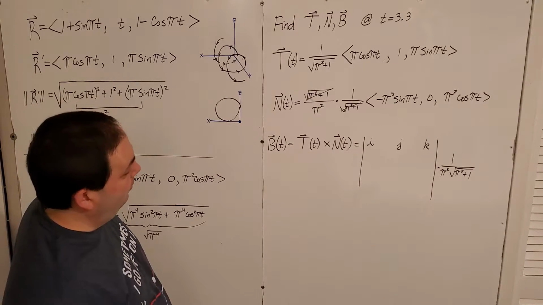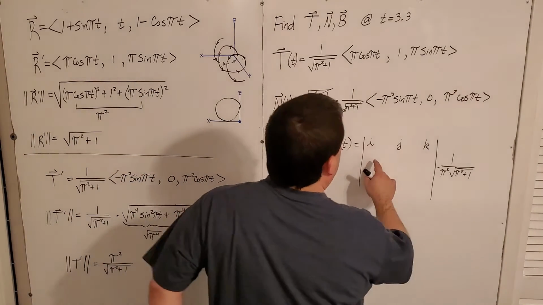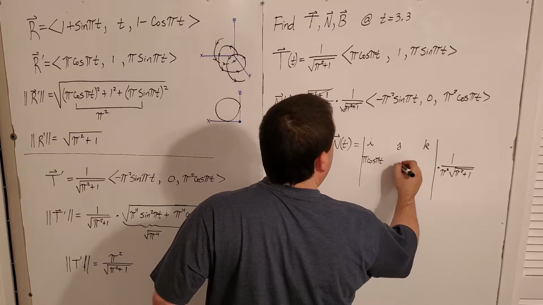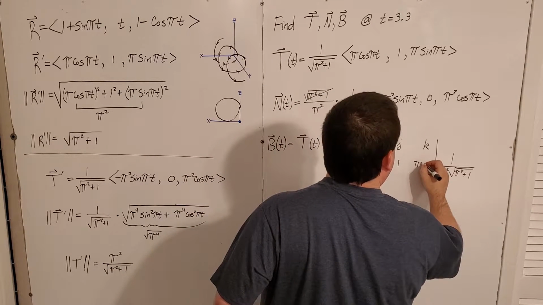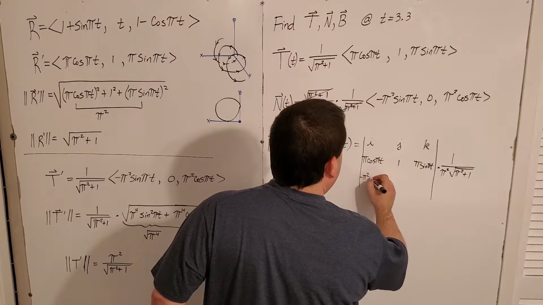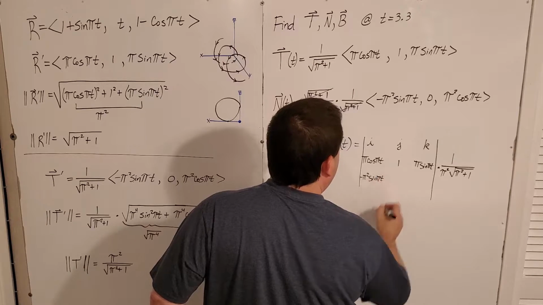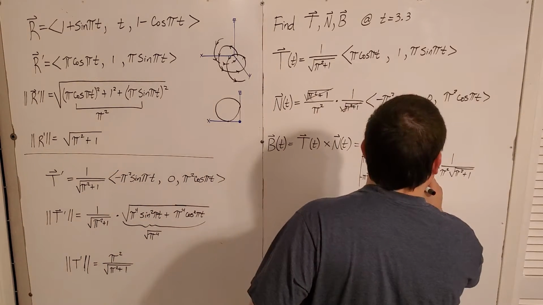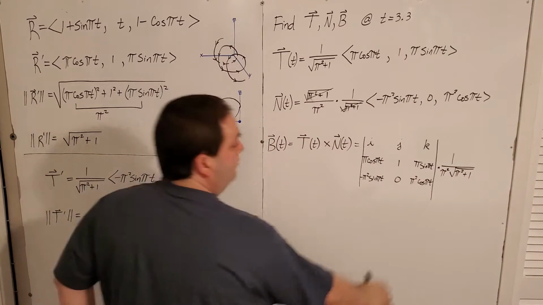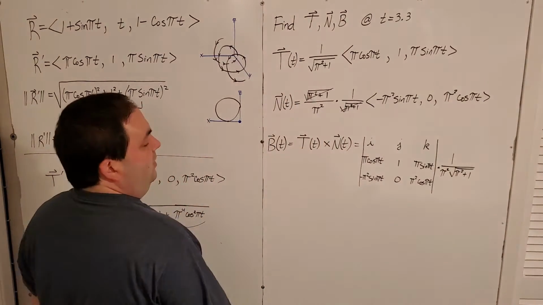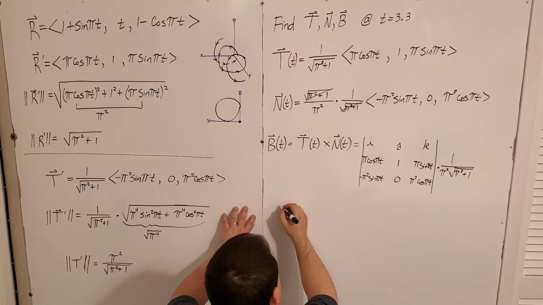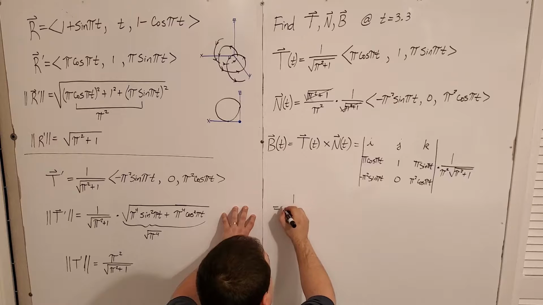Okay? All right. Now the dotting process, right? This is going to be pi cosine pi t, 1, pi sine pi t, negative pi squared sine pi t, 0, and pi squared cosine pi t. Okay. So I'm doing the cross product there now. I'll bring this out front.